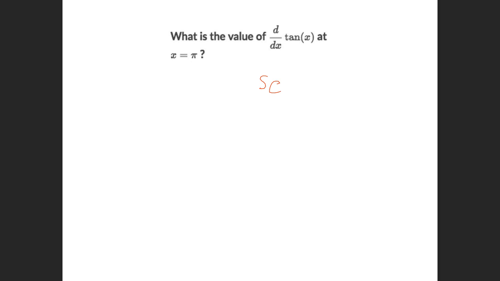Okay, so now what I need to know is the secant squared of pi. Well, how do you do that? How would you find the secant of pi? And how are you going to use the cosine graph? There's the question.